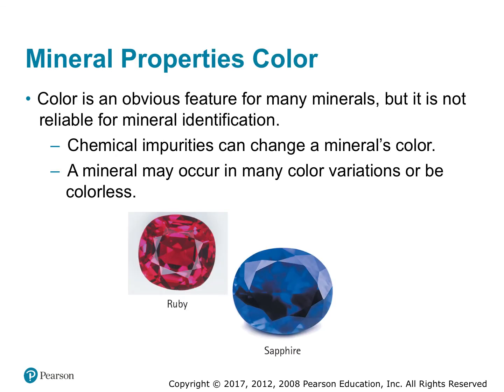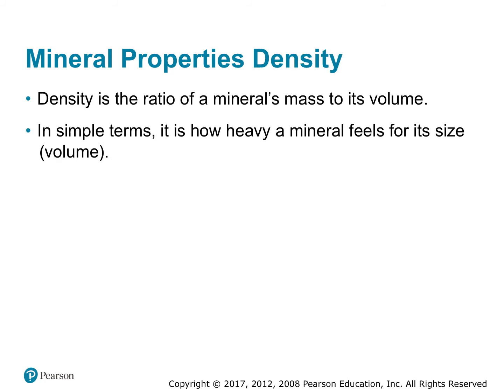Now, one of the other things that historically has been used to characterize minerals is their color, but that's not the best way to characterize minerals because chemical impurities can change a mineral's color. And so a mineral can occur in many different color variations or even be colorless. Another characteristic property of minerals is their density.